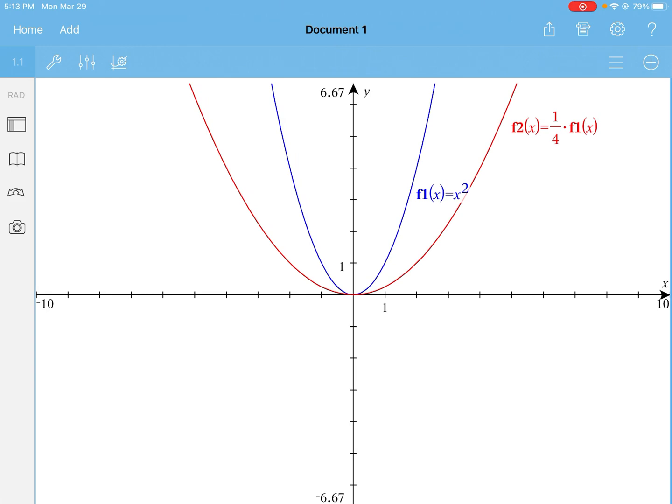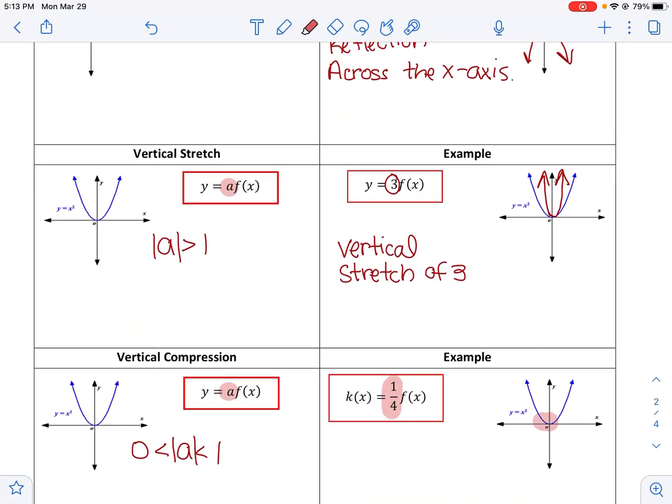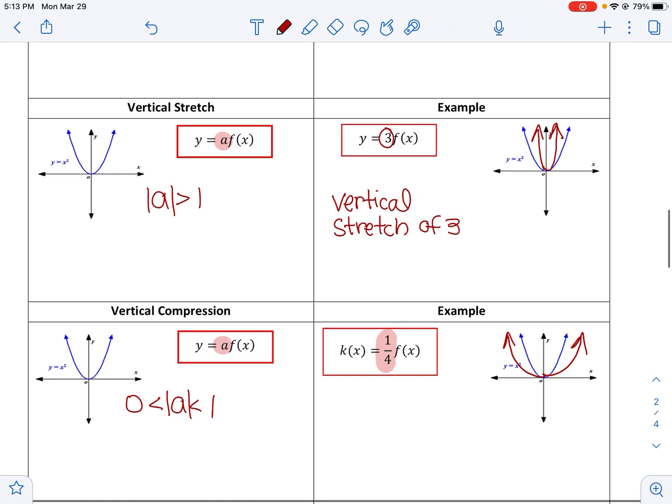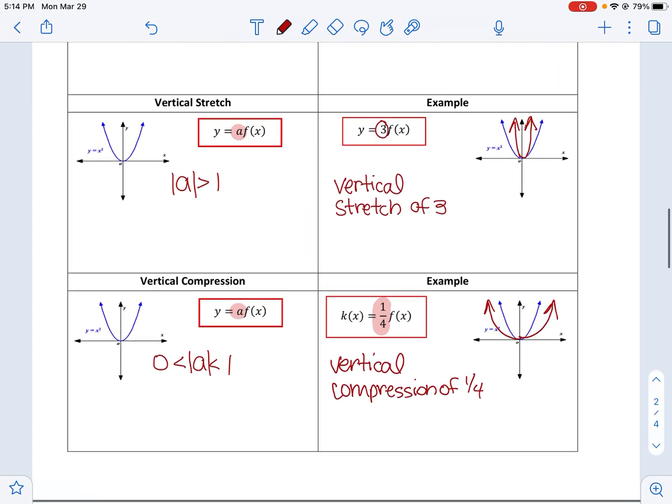It got a little fatter. So this one makes it a little bit thicker. Okay. And we call this a vertical compression of 1/4.